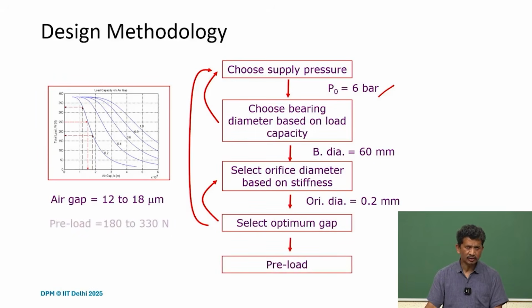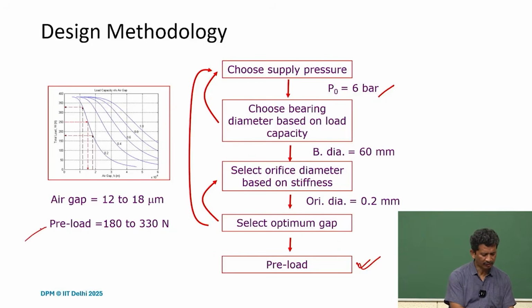What we also need to understand is that for air bearings to work, they have to be preloaded. Preloading is one of the key parameters, and air bearings work only if there is preloading. It's also clear from here, from the kind of characteristic we are looking at, that the load changes from 180 to 330 newtons.